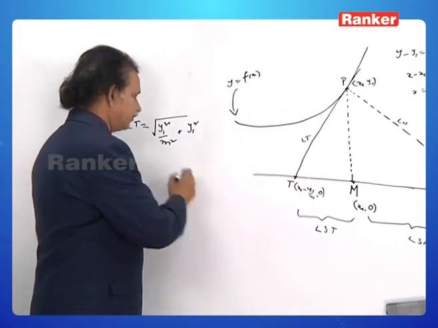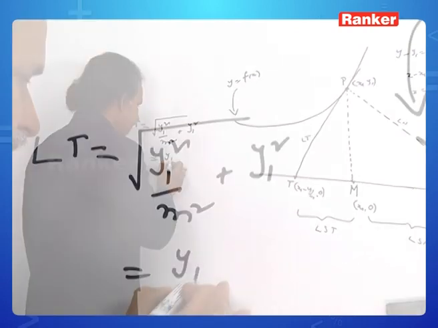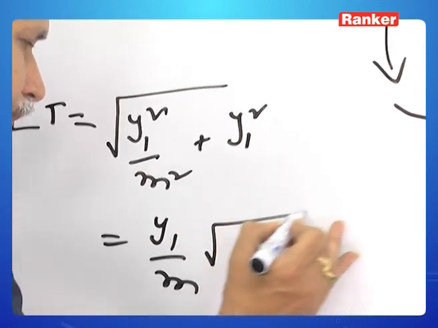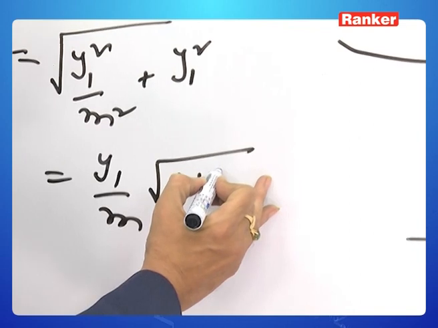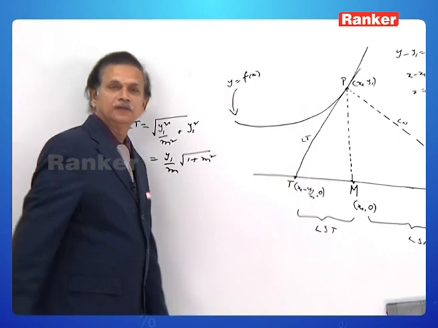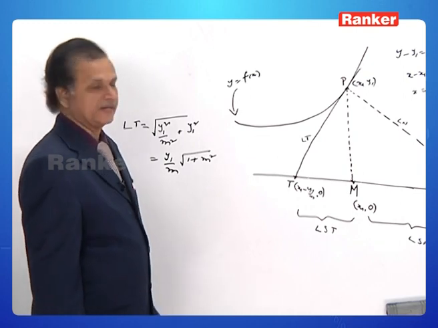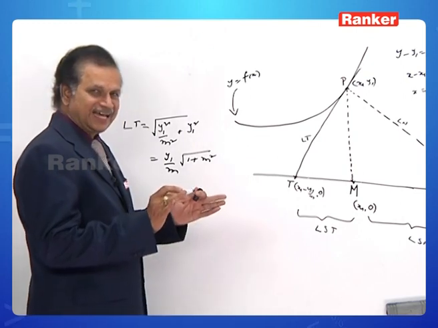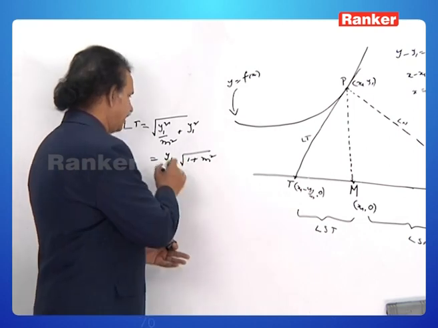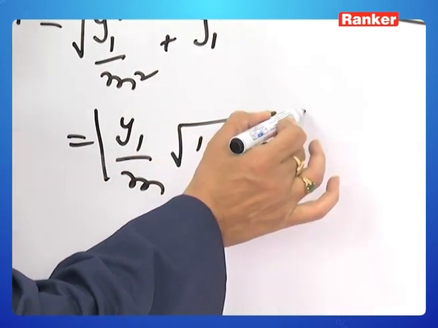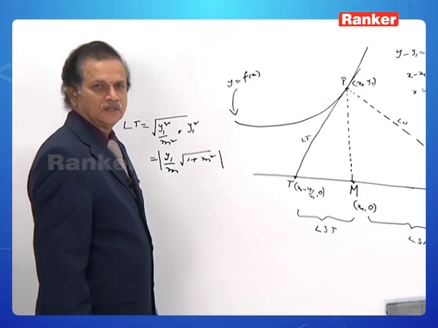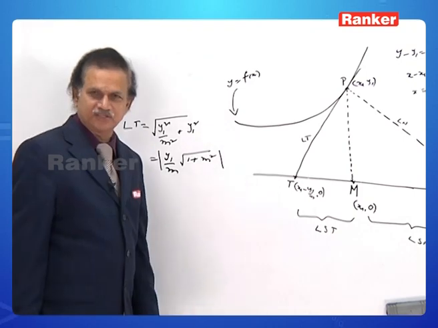If you simplify this, that is y1 by m into root of 1 plus m square. As this is length only, we put the modulus symbol. Success! This is the length of the tangent.